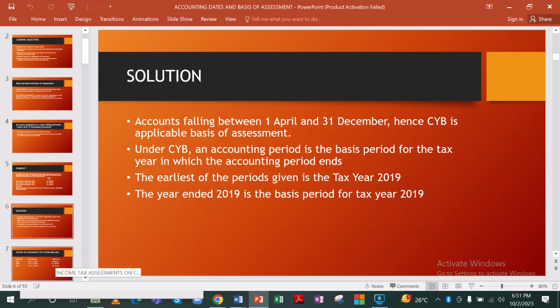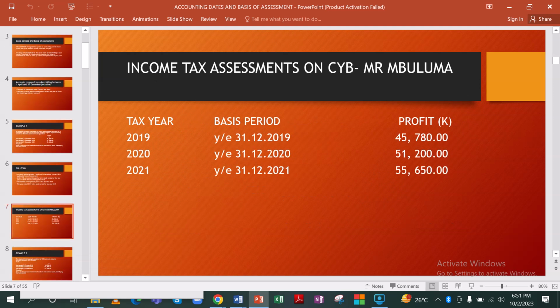Once we have established those points, we proceed to look at this assessment. You write income tax assessment on a current year basis. CYB simply means current year basis. To identify the taxpayer, you indicate the name, Mr. Mburuma.